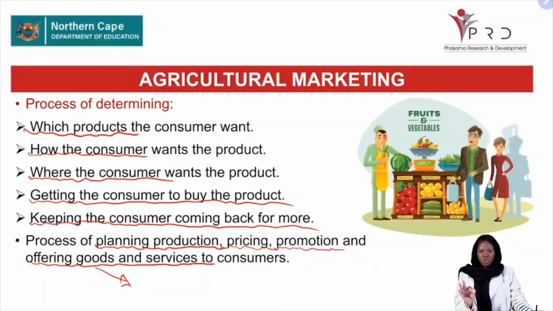A consumer is someone who buys and uses these products that were produced by a producer. Meaning at the end of marketing, a producer has to obtain a profit, and a consumer needs to have the product and be able to use it.